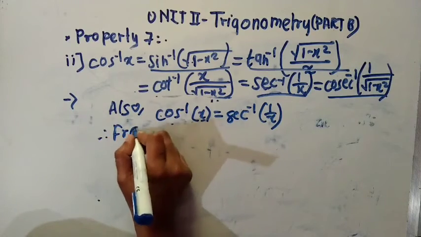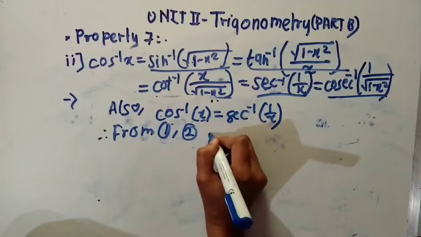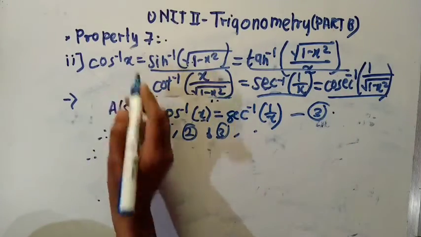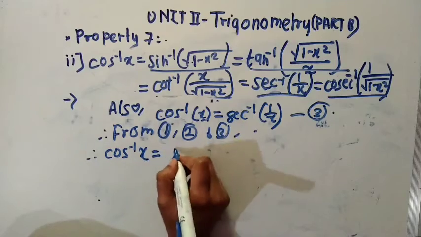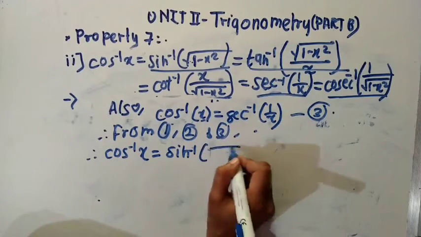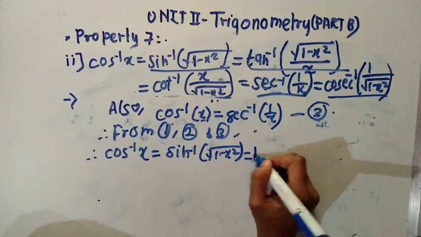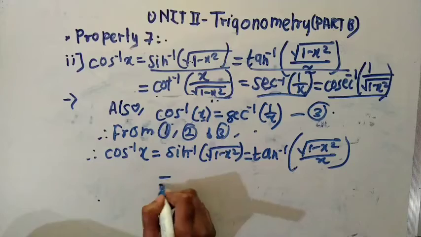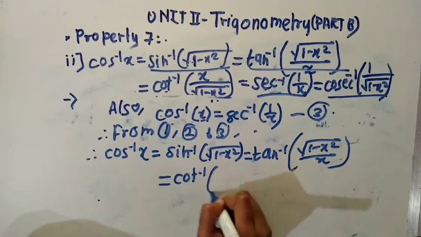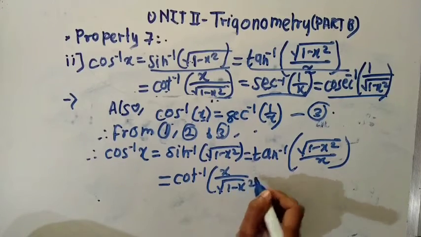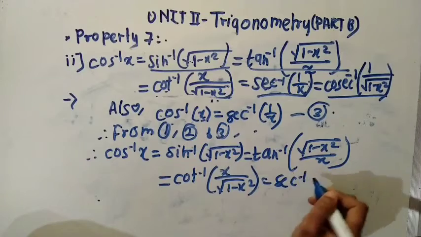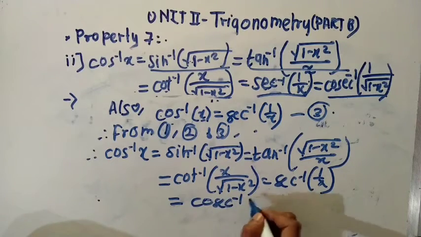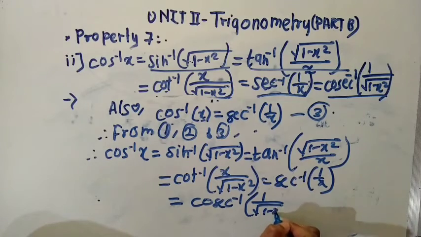Hence from all these, 1, 2 and 3, cos inverse of x is equal to sin inverse of root 1 minus x square is equal to tan inverse of root 1 minus x square upon x is equal to cot inverse of x upon root 1 minus x square is equal to sec inverse of 1 upon x is equal to cosec inverse of 1 upon root 1 minus x square.